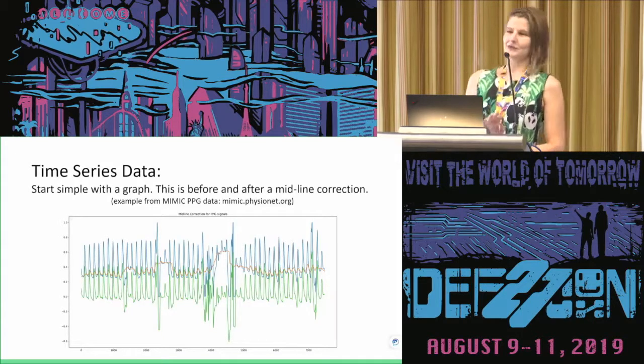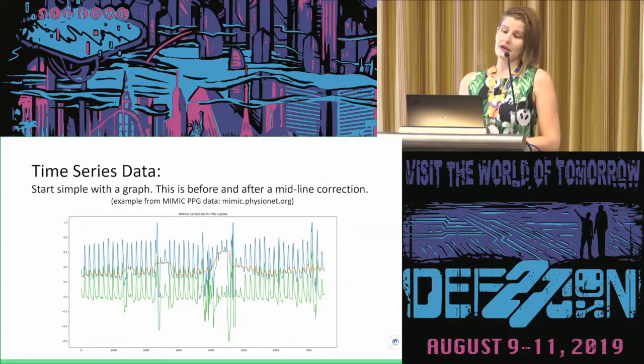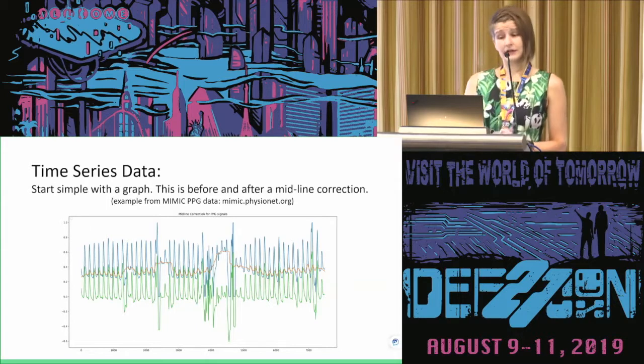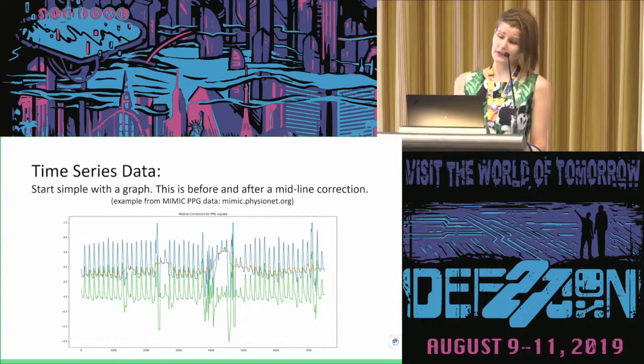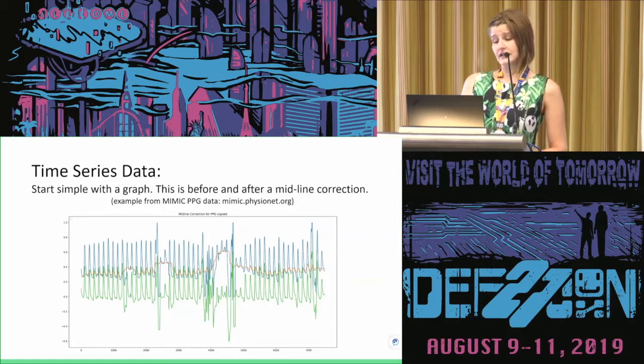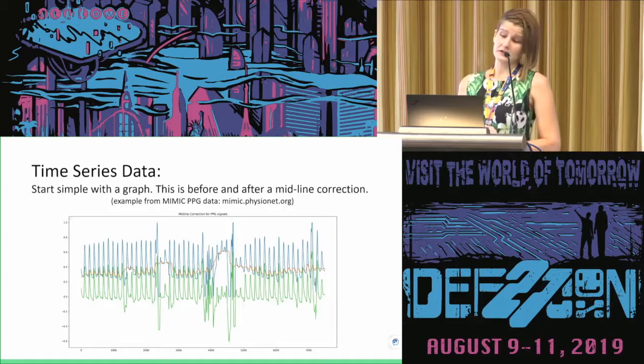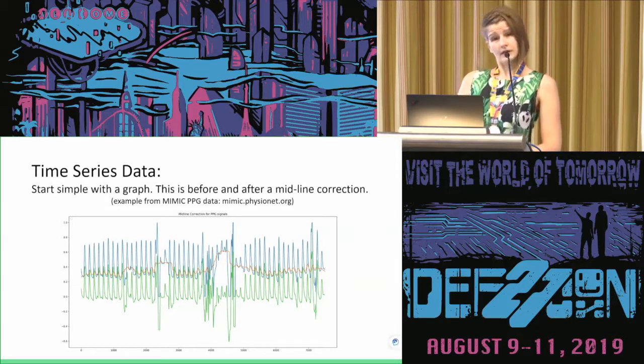So once you use pandas profiling, get an idea of what might be interesting. Then if you have time series data, it's good to start with just a simple graph. This graph is from the data analysis that I did as part of the data science boot camp that I went to. And I realized partway through my project that, oh hey, I was classifying data that had come from 2 different wards of a hospital.